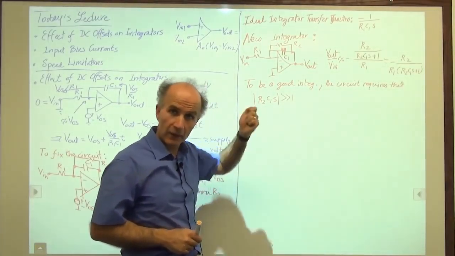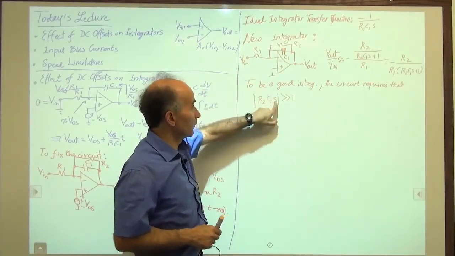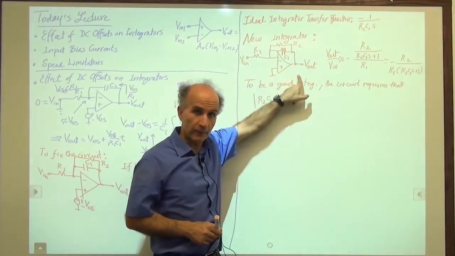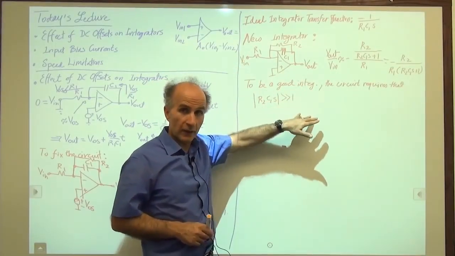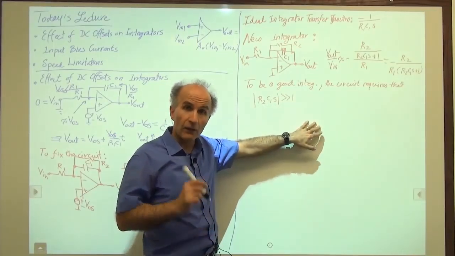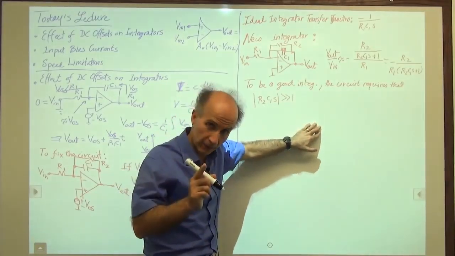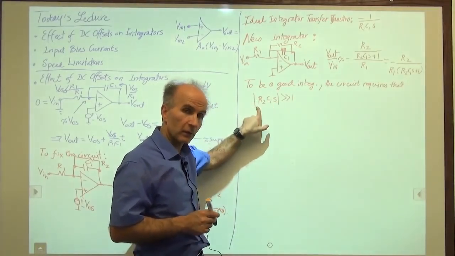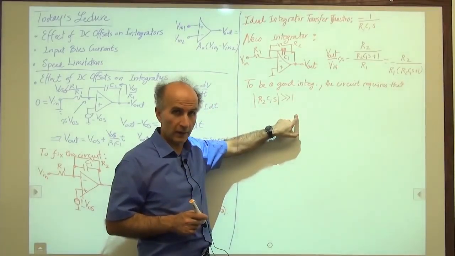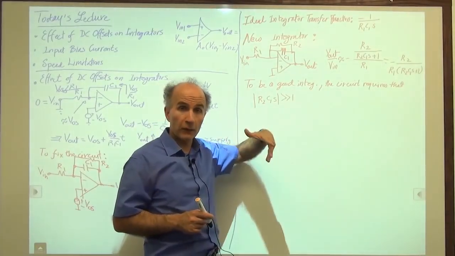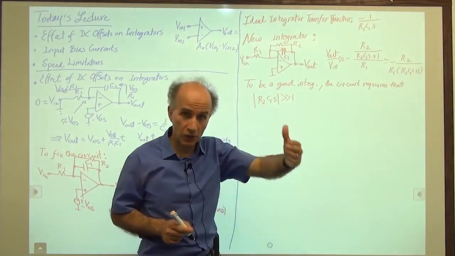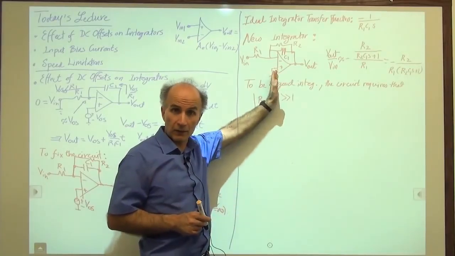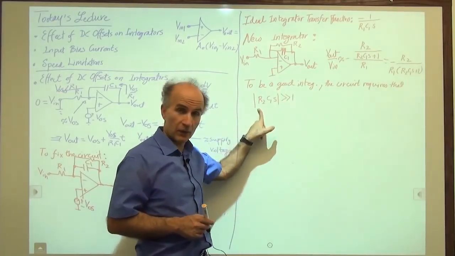So if I apply a sinusoid at the input, then the frequency would be j omega. So in other words, this circuit is a good integrator so long as the frequency of the input, omega, times C1 times R2 is much greater than 1. So for frequencies that are sufficiently large, the circuit is a good integrator because it satisfies this condition.